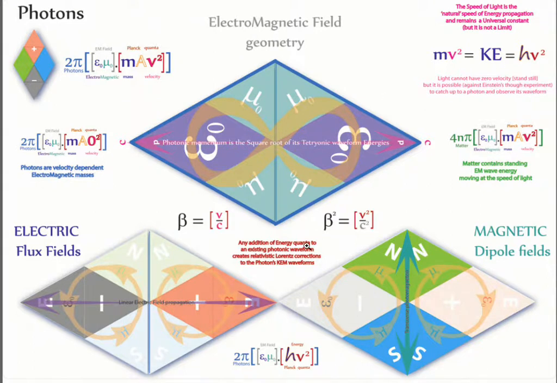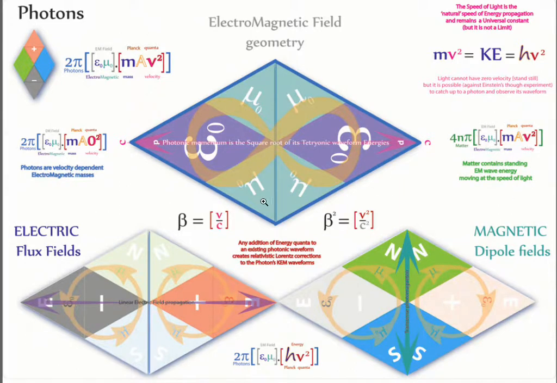Interestingly enough, photons themselves, as drawn here, are their own antiparticles, the positive and negative arrangements. You can rotate it round and you get the exact opposite particle. One photon approaching the other one appears as the mirror image to the one that it's approaching.